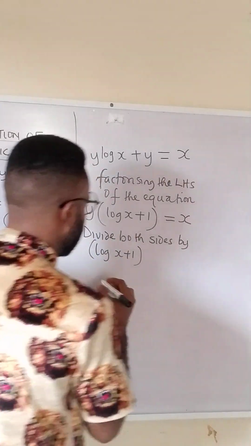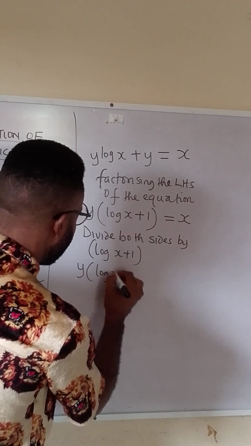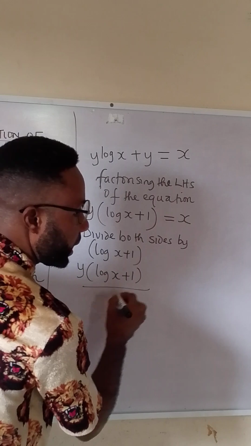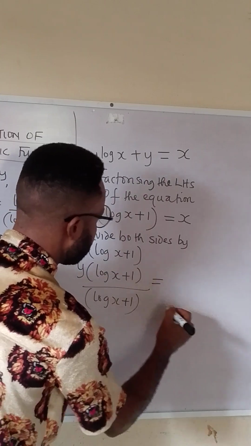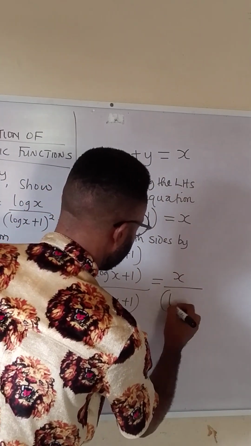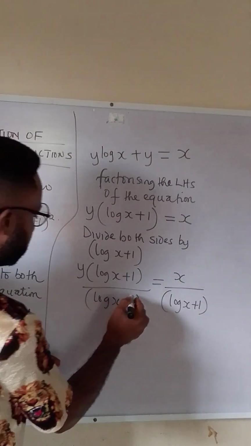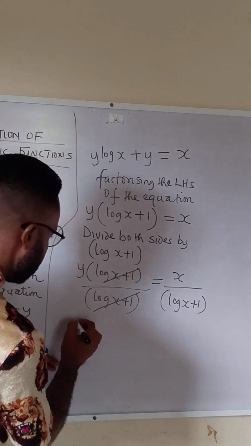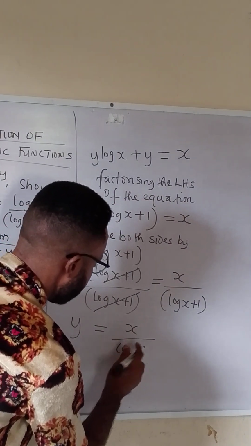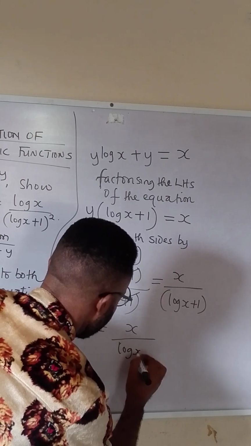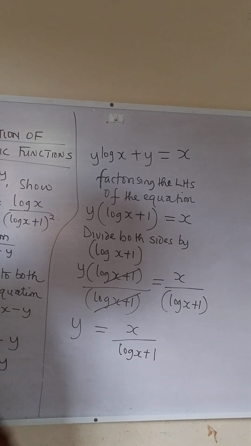So we have y into log x plus 1 divided by log x plus 1 equal to x all over log x plus 1. When we cancel this out, we are left with y equal to x all over log x plus 1.